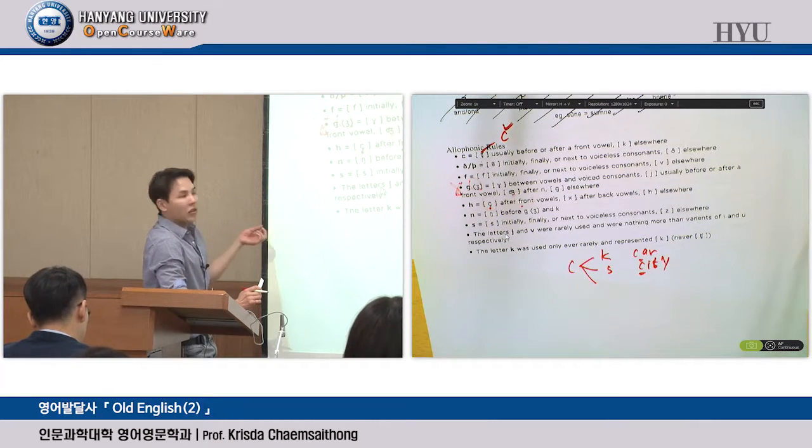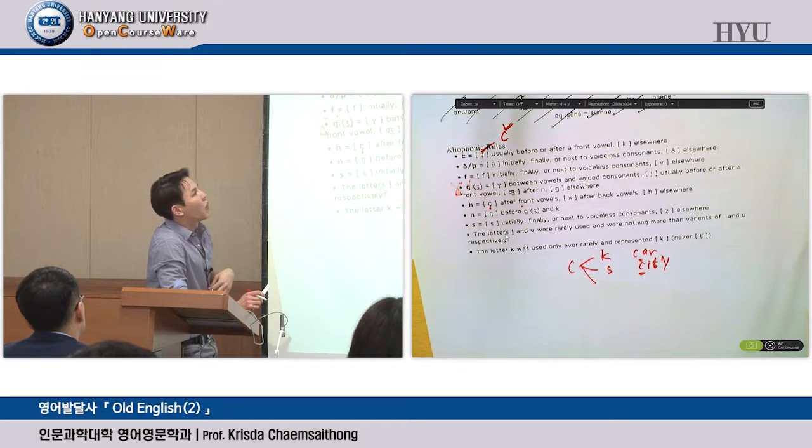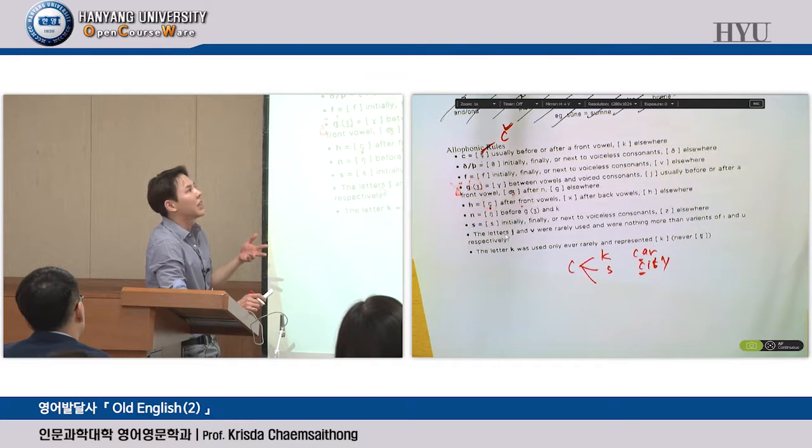This is the S, remember, and the thorn, right? The S and the thorn could be pronounced voiced or voiceless, voiced TH or voiceless TH, depending on whether or not it is close to a voiced sound. This is assimilation. So if it's close to a voiced sound, then it's voiced. But if it's initially, finally, or next to a voiceless consonant, it's voiceless, okay?